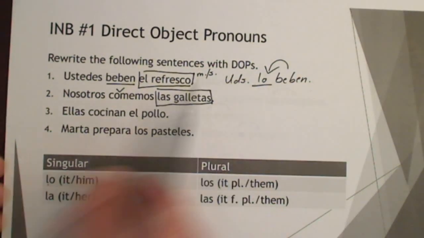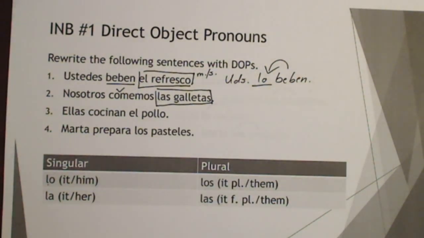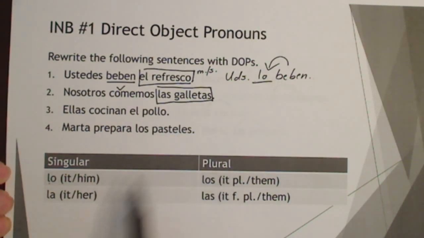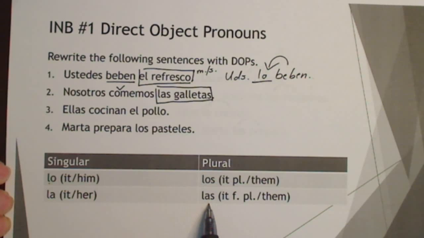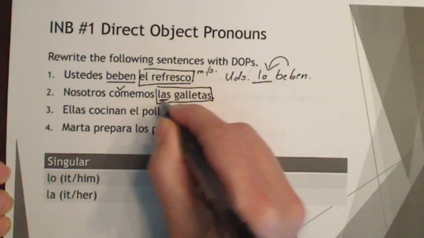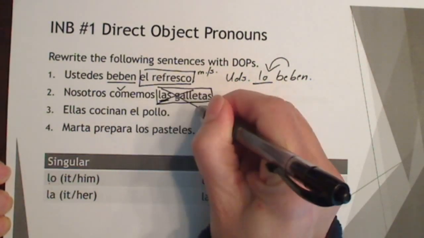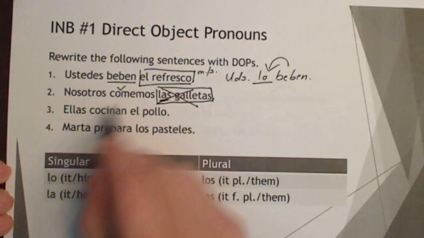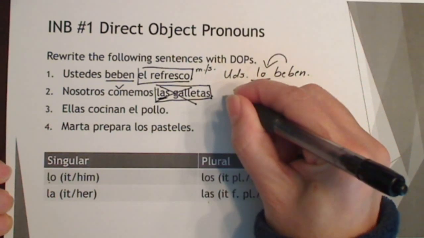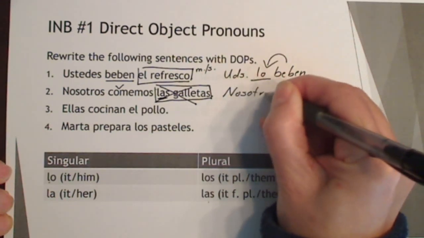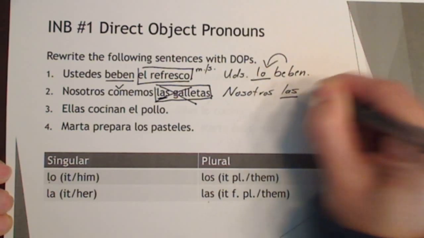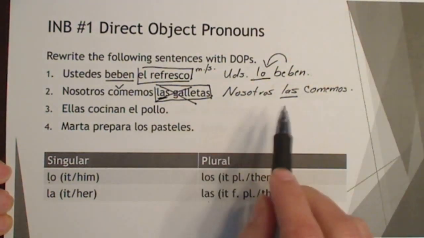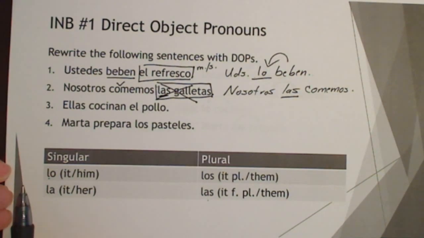So both of these words, it's a package deal, the article and the noun, it's got to go away. Okay? What DOP is going to replace feminine plural cookies? That would be las, which coincidentally is right there. Okay, but this is going to go away. And don't forget, it's got to go in front of the conjugated verb. So it would be nosotros las comemos. And that would come out as we eat them.